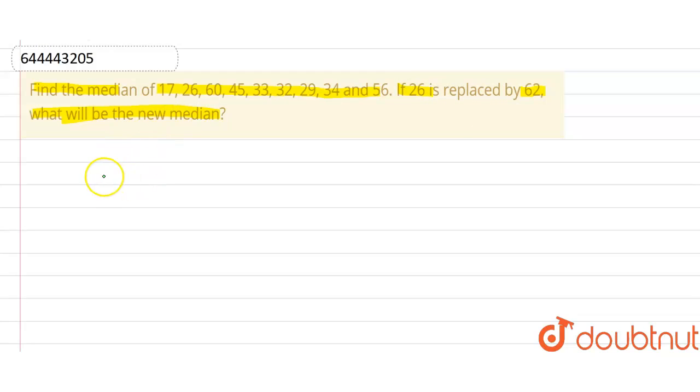So first of all, while finding the median, the very first step is to arrange in the ascending order.